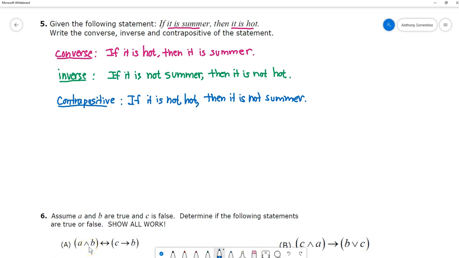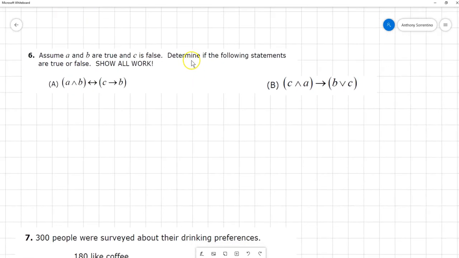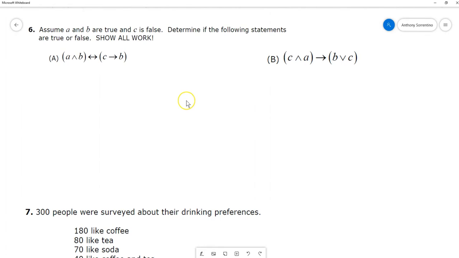Now, getting back to truth tables and determining the truthfulness or falseness of statements, number 6 is slightly easier because it's not asking you to come up with an entire truth table. It's only asking for instances where A and B are true and C is false. That's the premise I'm going to work under for both of these.